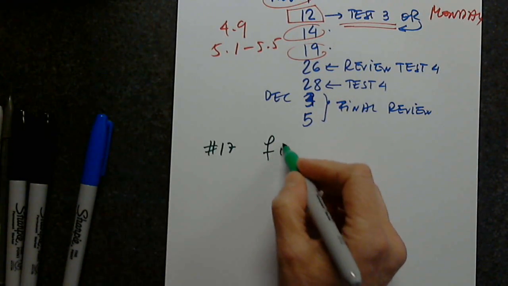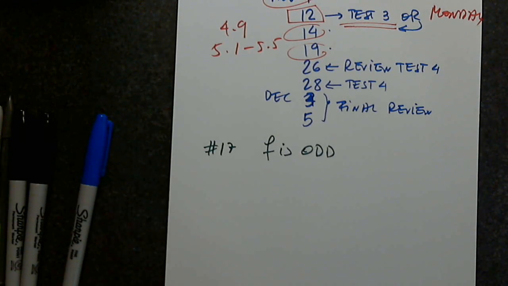f is odd. What does odd mean? Symmetric with respect to? Origin. Very good.